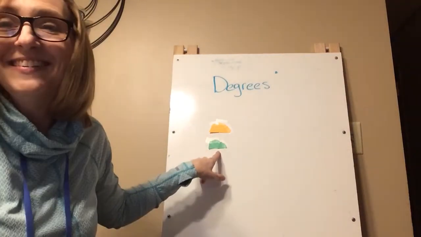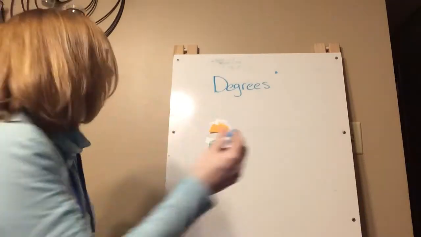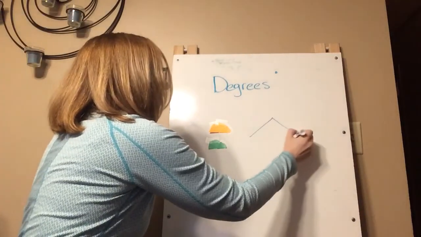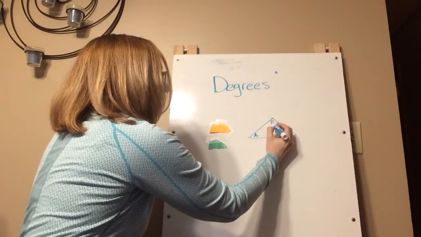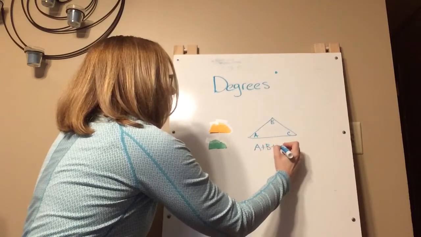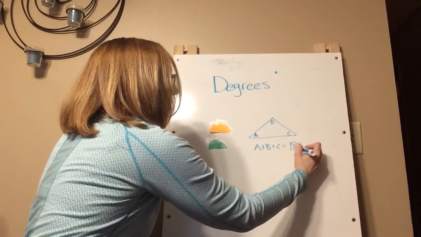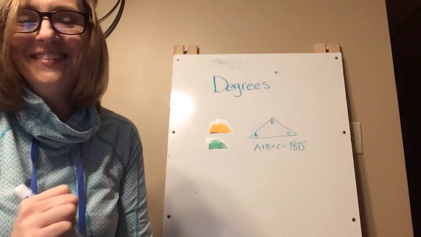And look, it did it again. It's a straight line. So when you add up the insides of the triangle, angle A, angle B, and angle C, it would always equal 180 degrees. That's kind of cool, isn't it?